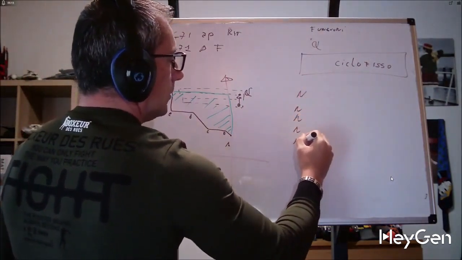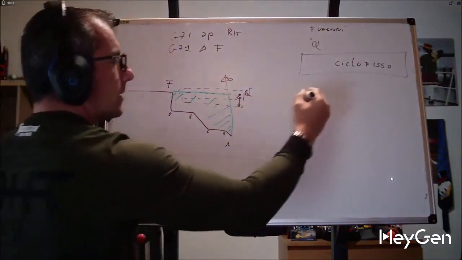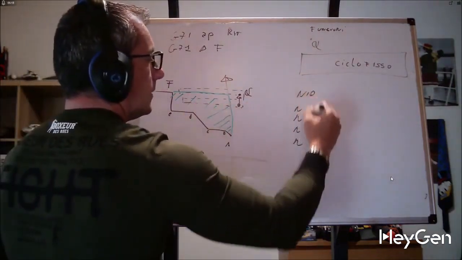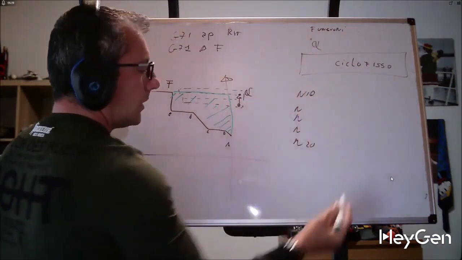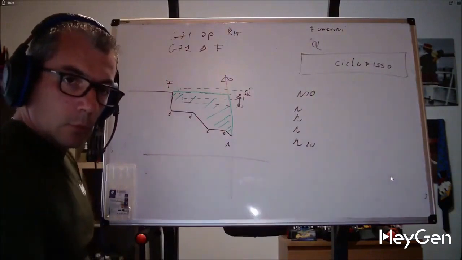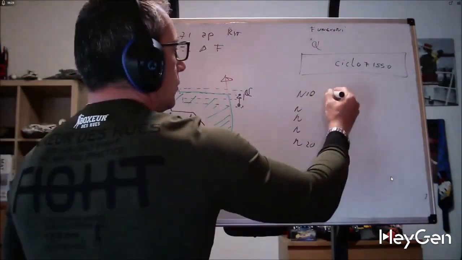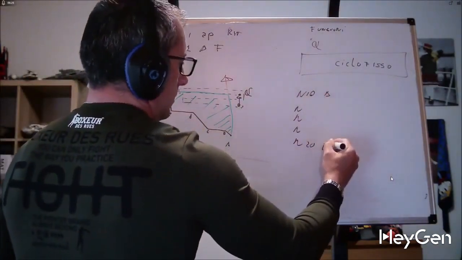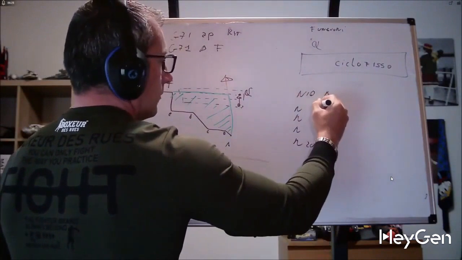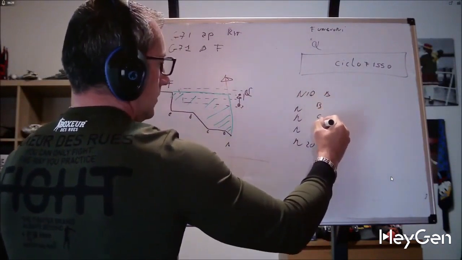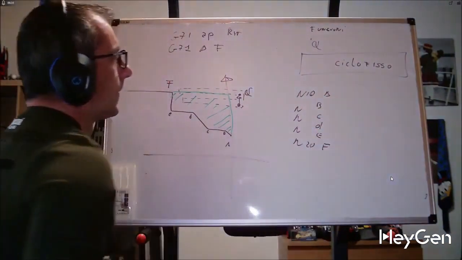And there will be N10 and N20, we'll call them that. So we'll number some blocks where I'll indicate A and F, and then in between I'll find B, C, D, E.